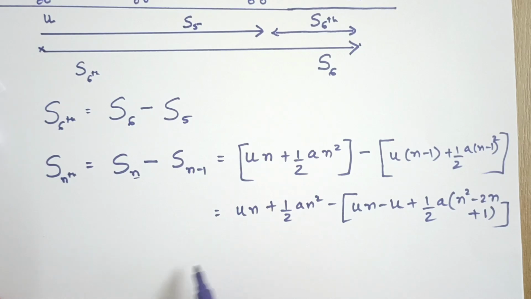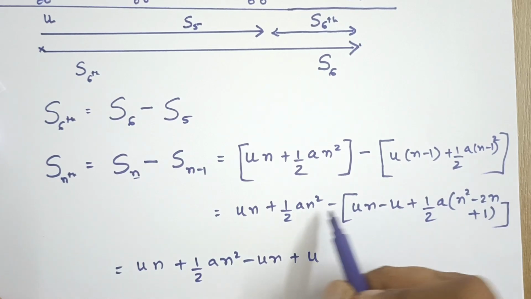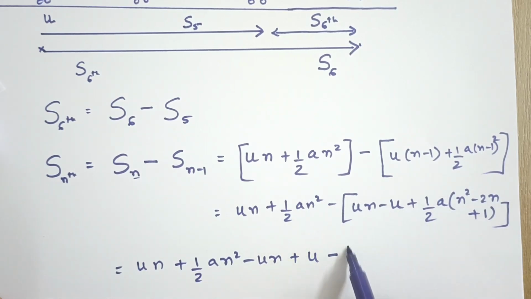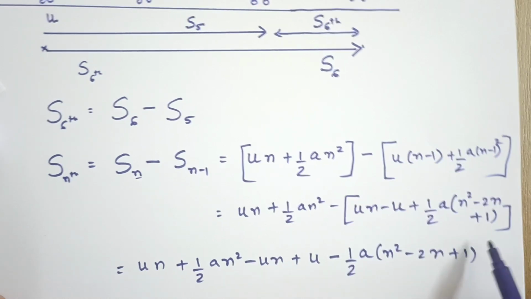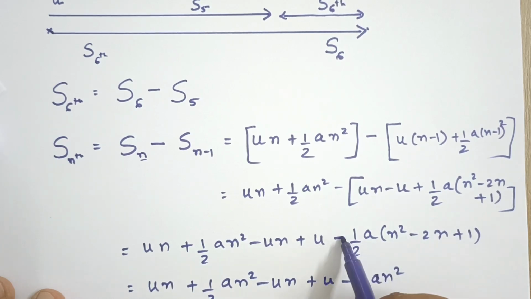Open up the bracket once again, so we get un plus half a n square, this is minus un plus u, okay, I'm going to go very slow, minus half a times n square minus 2n plus 1, that is un plus half a n square minus un plus u minus half a n square plus a n minus half a.